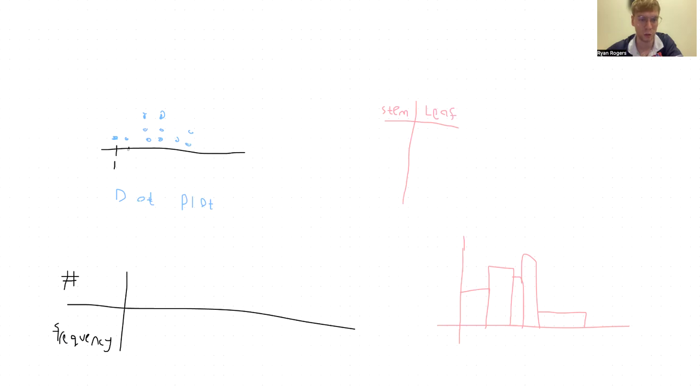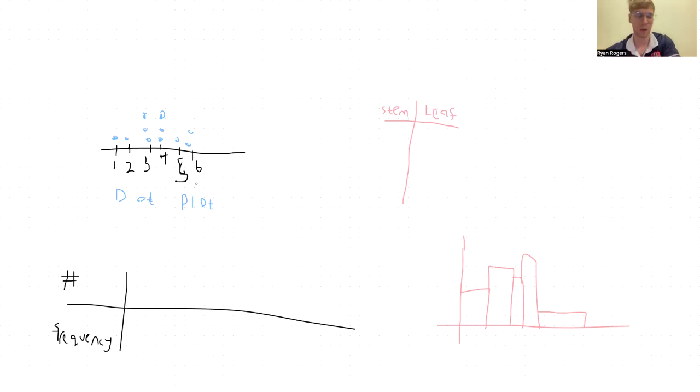Two, three, right? Four. Okay. That's dot plot. Oh, I skipped five. Oh my gosh, this is awful. Okay. All right. 1 through 6. That's what it should represent.